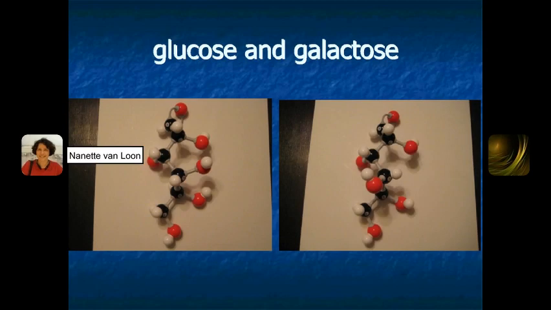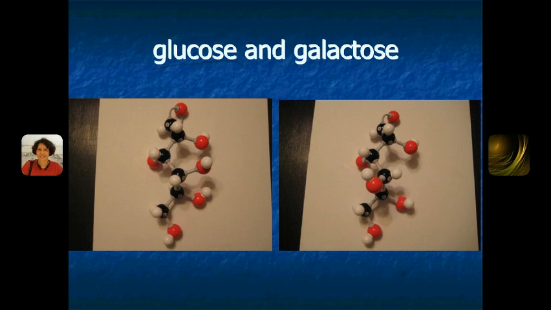We saw in Chapter 4 that isomers are molecules that have the same chemical formula, but different organization of the atoms with respect to each other. Glucose and galactose are an example of that. They have exactly the same formula, C6H12O6, but the functional groups are arranged slightly differently.